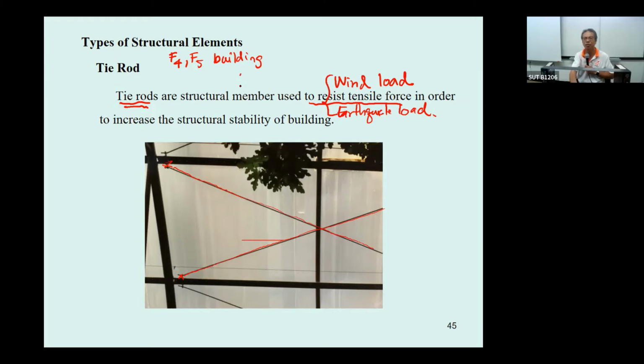Both of these we call the lateral load. Lateral loads usually come in the horizontal direction like this, and this will increase the stability of the building. You will learn how to design the tie rod in the course of steel design.